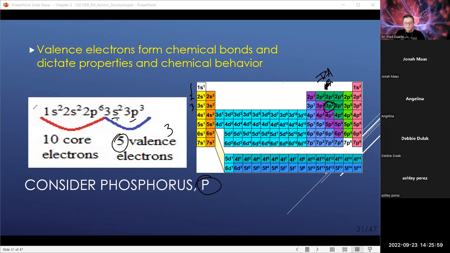This is phosphorus, P, and when it picks up 3 electrons, the 3p3 becomes 3p6, and it becomes phosphide. That's the ion. We change the name for the nonmetals: their name gets changed to the -ide ending when it becomes an ion. So oxygen becomes oxide, phosphorus becomes phosphide, sulfur becomes sulfide, fluorine is fluoride, chlorine is chloride, etc. Okay.